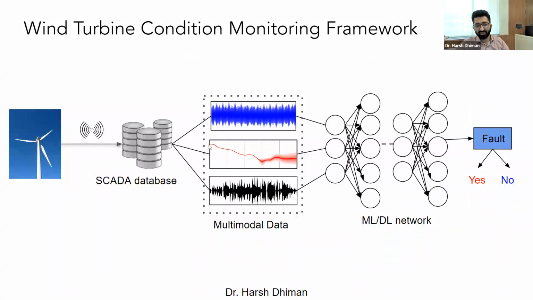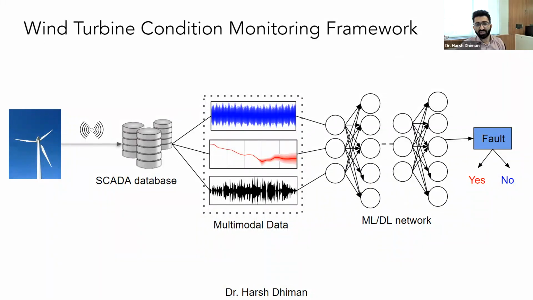Then you have time series data. Time series data is essentially the operational SCADA data. You can monitor the temperature of the bearing. You can monitor the voltage of the generator output, the current, and the temperature of the nacelle, essentially the box where you are keeping your gearbox and generator.